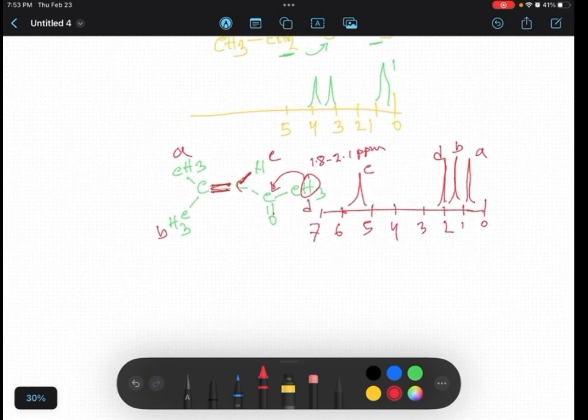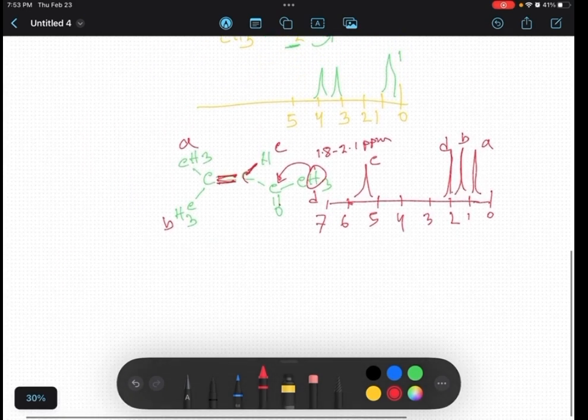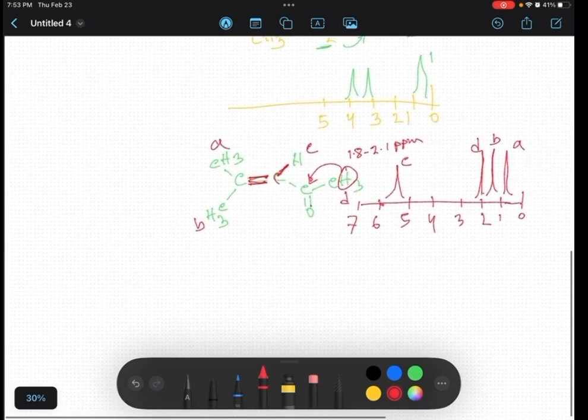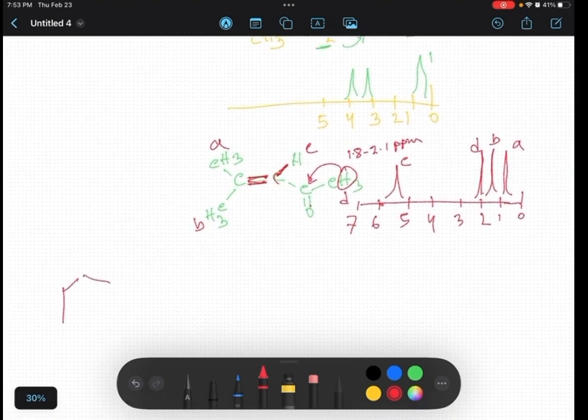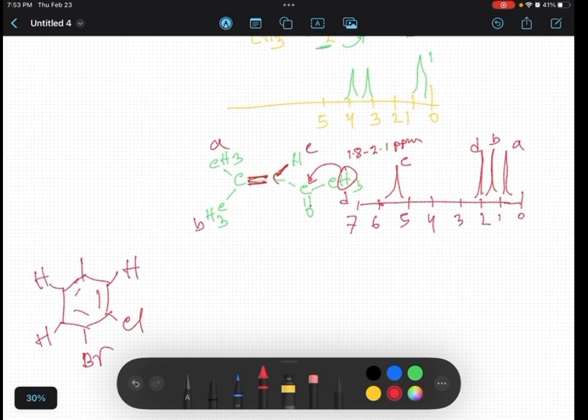Now let's see an aromatic ring. If you have a benzene ring, how are you going to see those peaks? Suppose here chlorine, bromine here, suppose NH2.